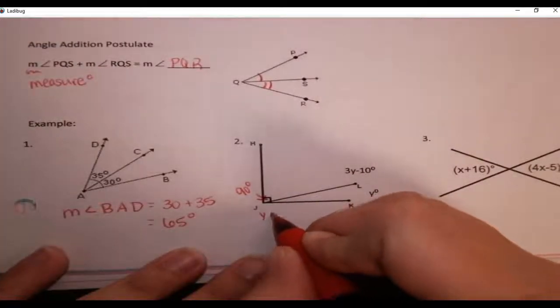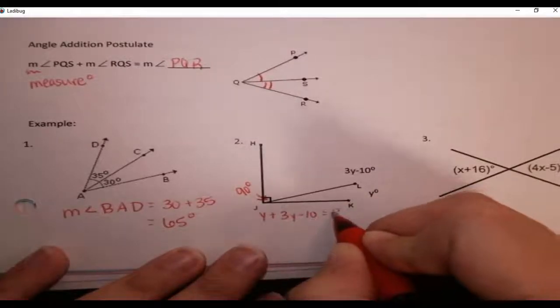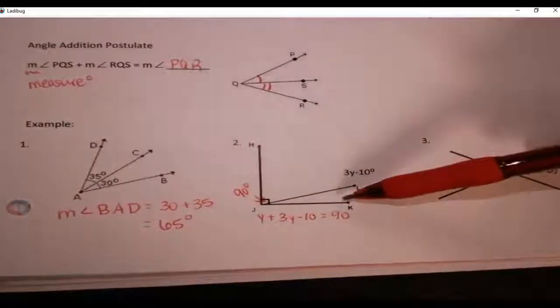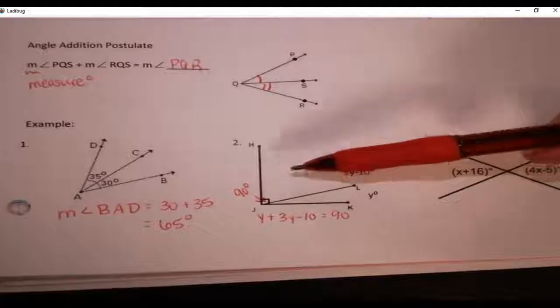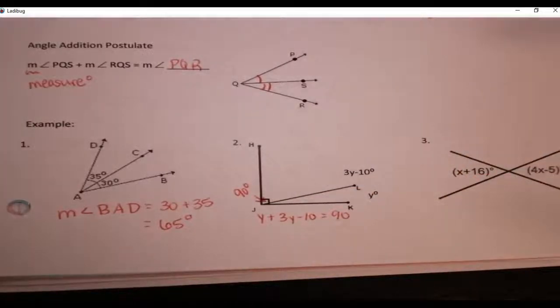So y plus 3y minus 10 equals 90. Okay? So the small angle plus the bigger one equals the whole thing. Any questions on that?